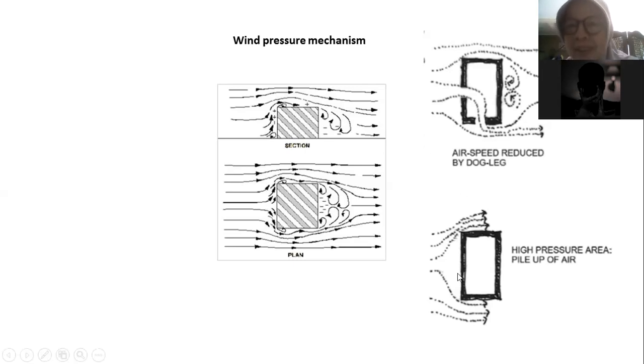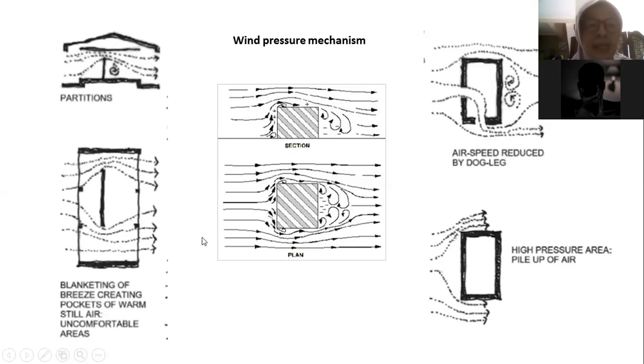Here's the book, it says that high pressure area, pile up of air that is higher, goes to the highest, presses the building, and that is the high pressure at this position. And here there is a partition.